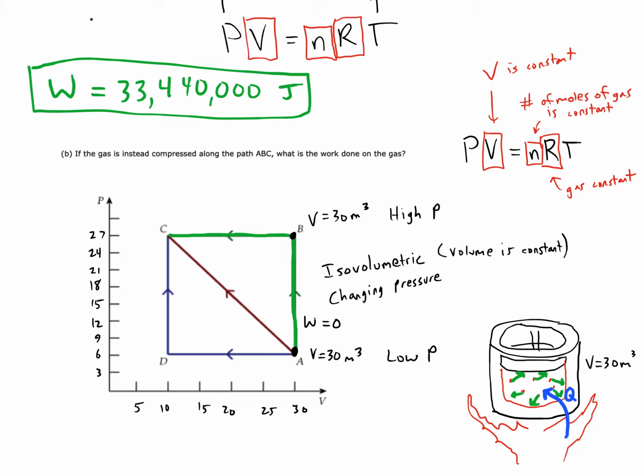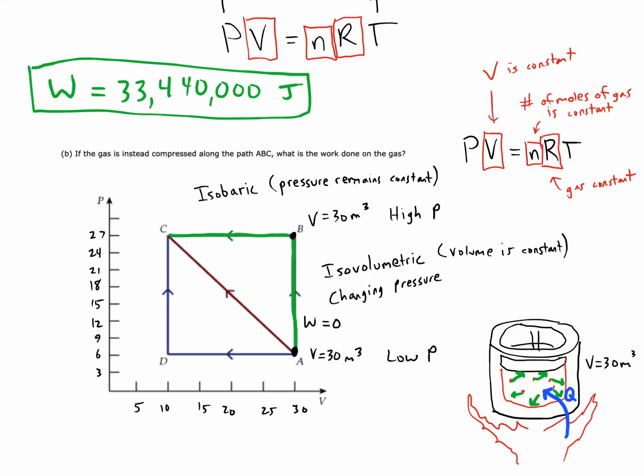What about path BC? Now you want to retain a constant pressure. They would call that isobaric, an isobaric change. And in isobaric, the pressure remains constant. But the volume here is changing.